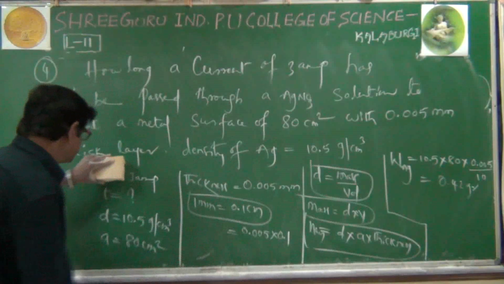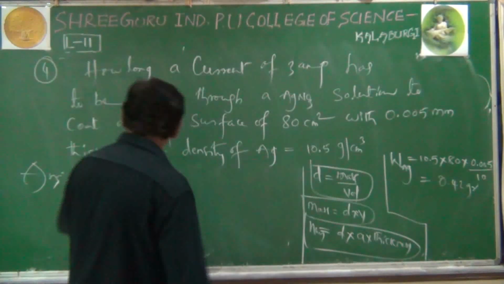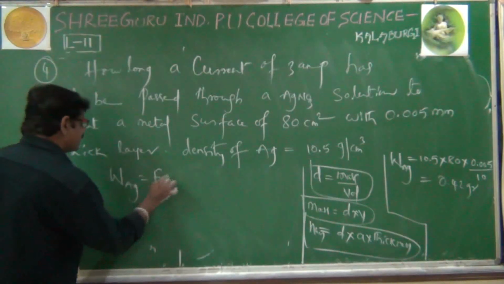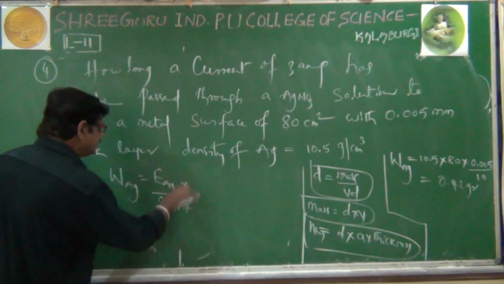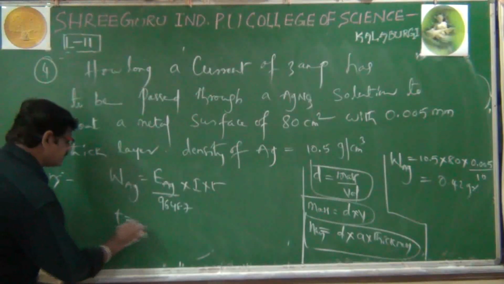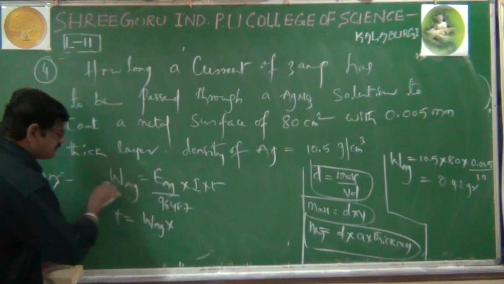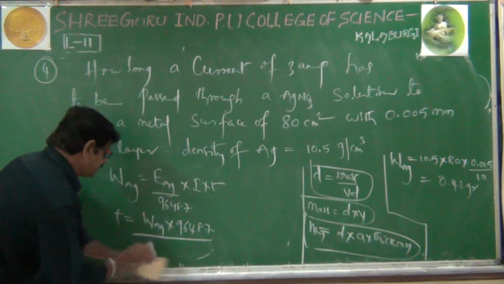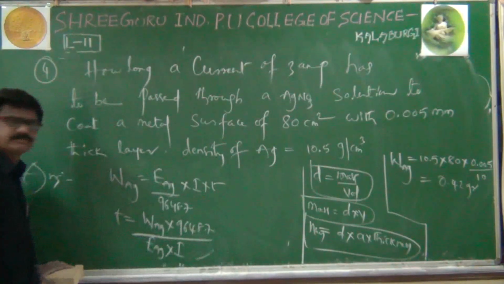Now we'll continue then. Our main formula: mass of silver is equal to equivalent mass of silver divided by 96,487 into I into T. Again T is required, so we will bring it to the LHS. By cross multiplication, T is equal to mass of silver into 96,487 divided by E of silver into I. That's it.